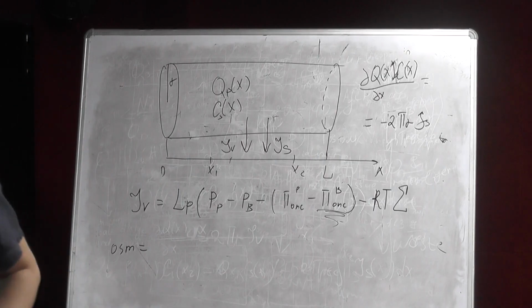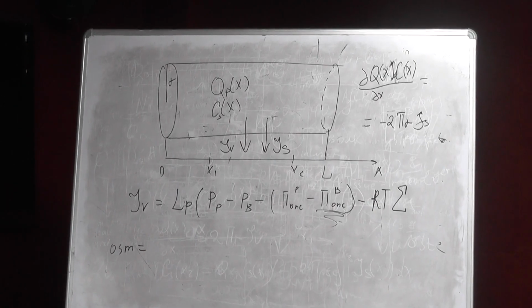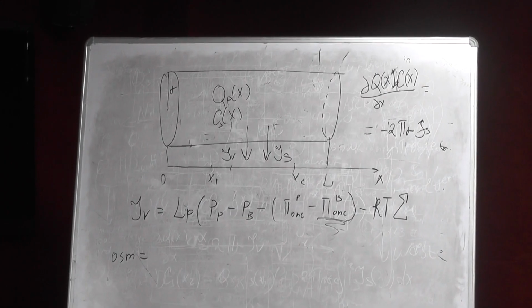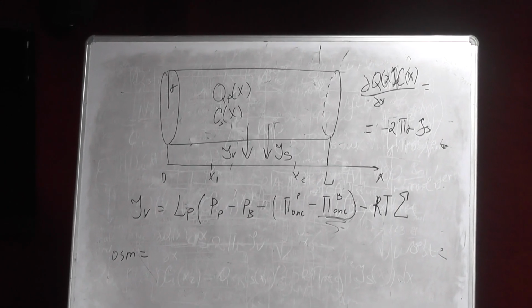Minus D. Yeah. Well, the mathematical formula is minus D delta of del Cx by del x, which is basically directly proportional to the gradient of the concentration along x.